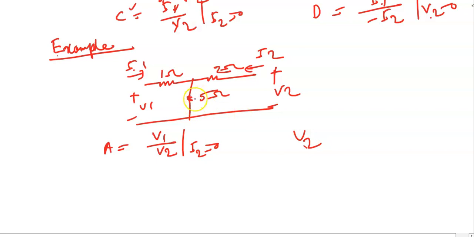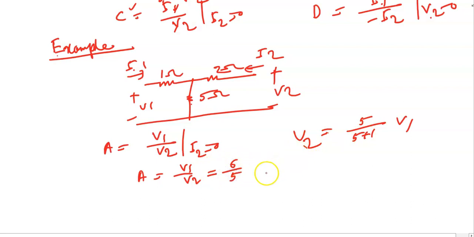The voltage across the 5 ohm resistor is your V2. So V2 equals 5 upon 5 plus 1 times V1. So A is V1 upon V2, which is 6 upon 5.